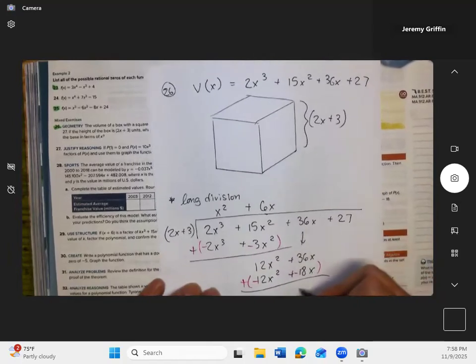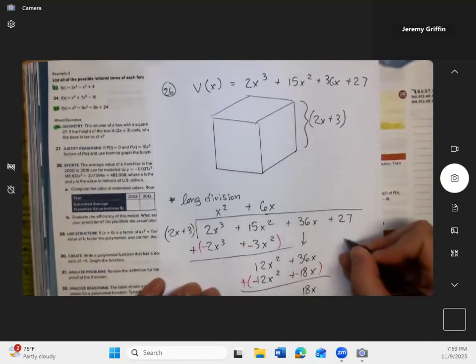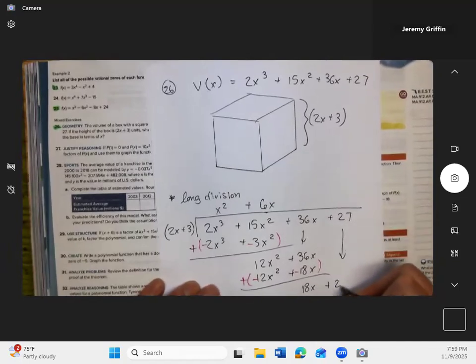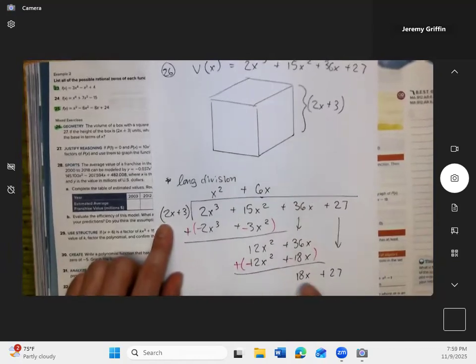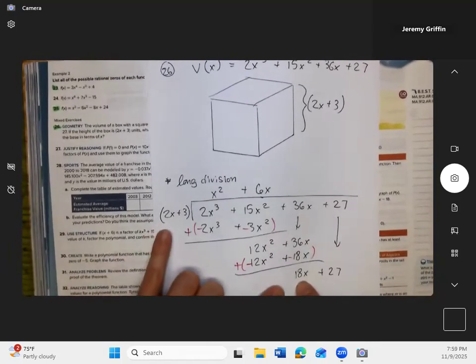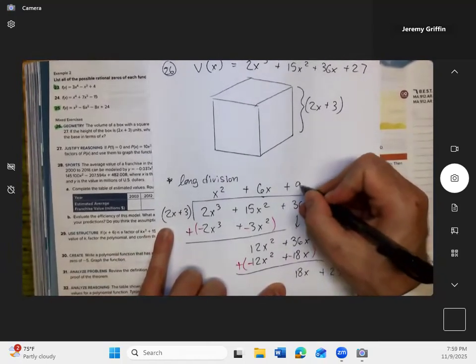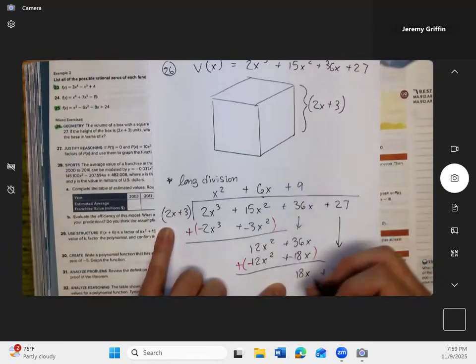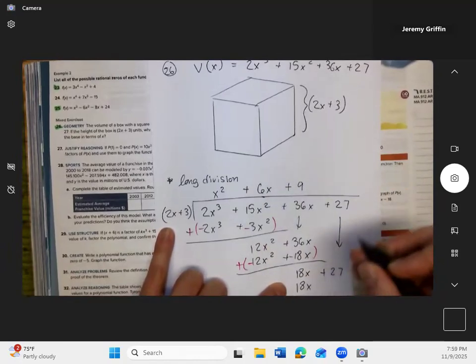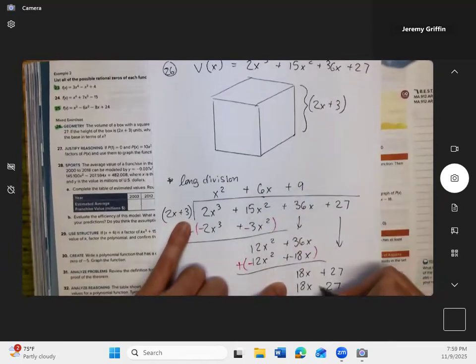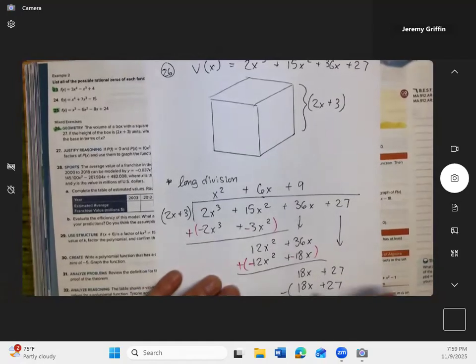It gives me 18x right here, and then drop down the 27. How many times does 2x go into 18x? That would be 9 times. 9 times 2x is 18x. 9 times 3 is 27. Woo! Okay, I was hoping that would zero out.